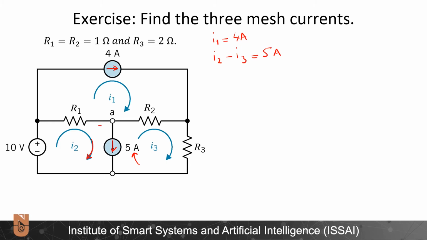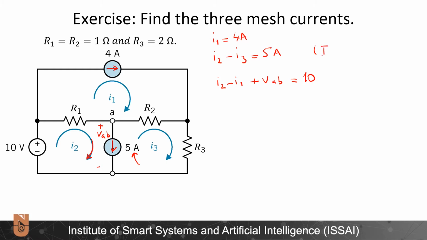But this comes with its own slight complication. I need to define here the voltage of this current source as VAB because I don't know what that is. Let us write Kirchhoff's voltage law for mesh 2 and mesh 3. R1 has the value of 1, so I2 minus I1 plus VAB is equal to 10.